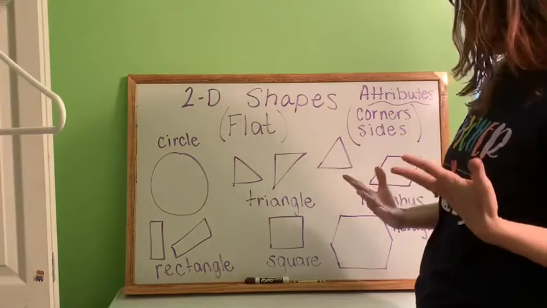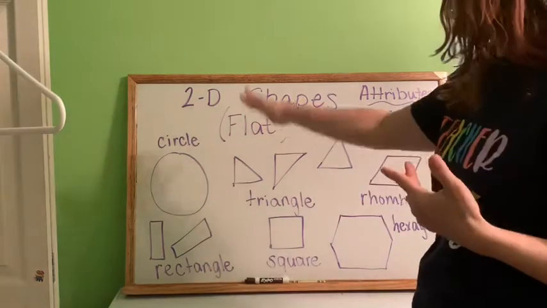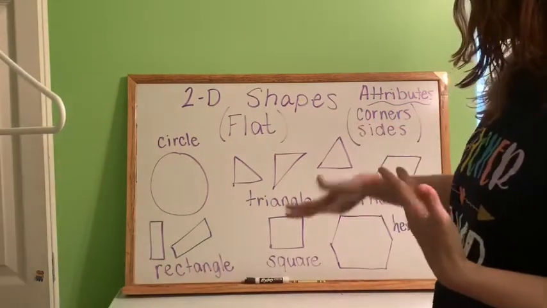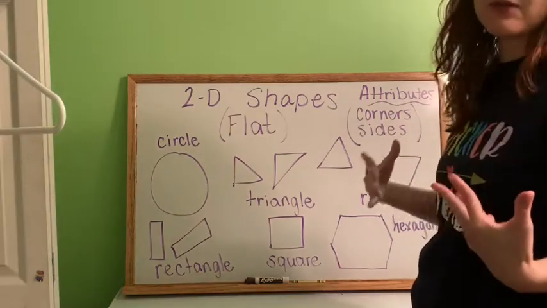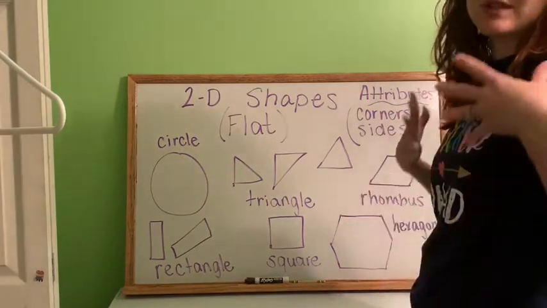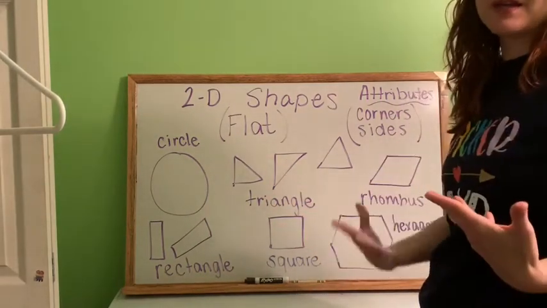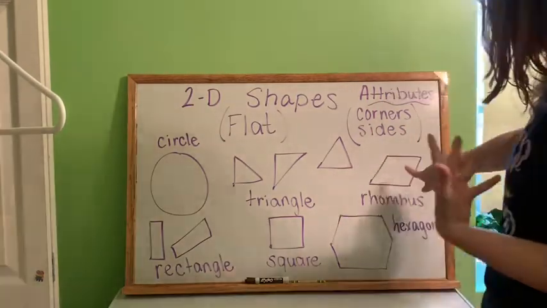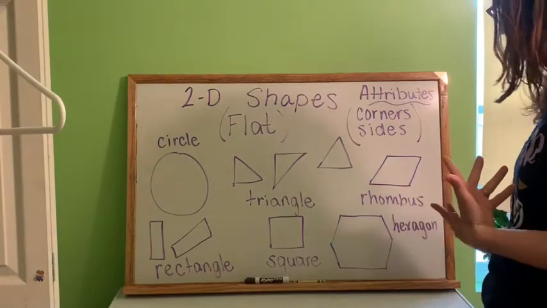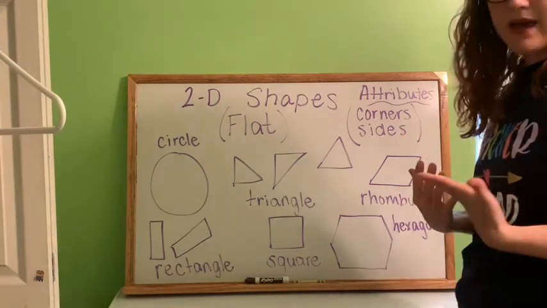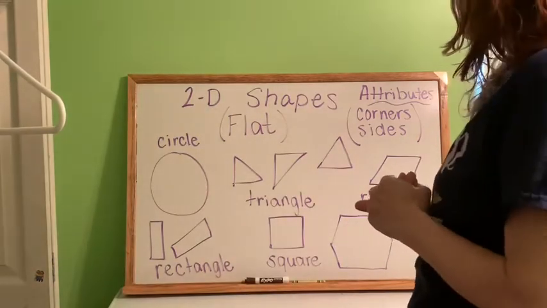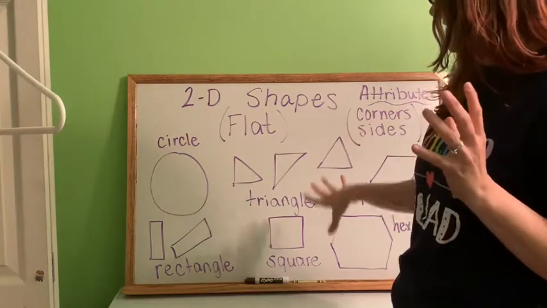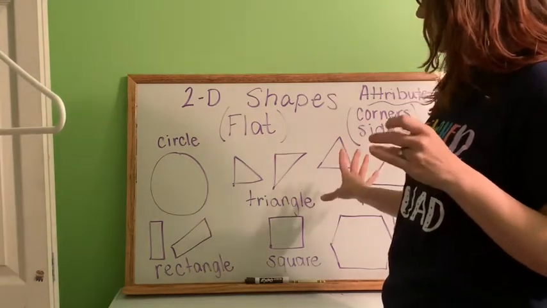And I can almost guarantee that circle, rectangle, triangle, square are probably very familiar to your kids just from kindergarten and from preschool. The ones that they may not be so familiar with are rhombus and hexagon, and we'll talk a little bit about those. But this week we definitely want them to be able to identify those shapes.